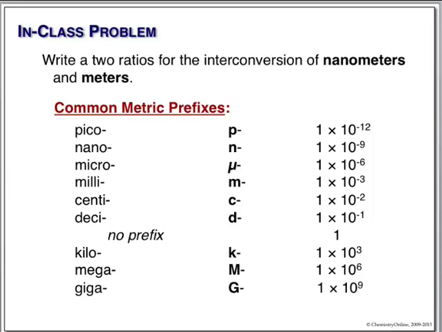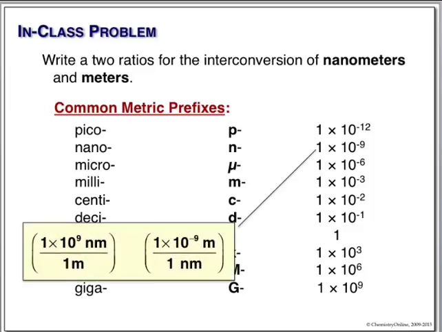Well, if nano is 10 to the minus 9, then 1 nanometer is 10 to the minus 9 meters, right? And then we simply reverse our exponent and say 10 to the 9th nanometers is the same as a meter.